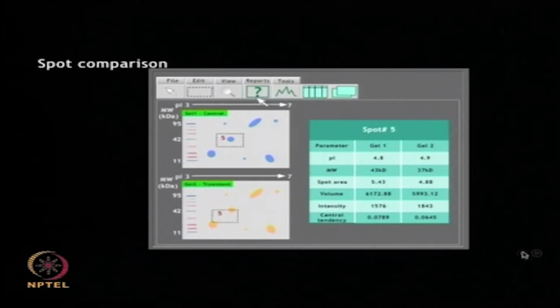For example, as you saw in the animation, on the left hand side you first loaded the molecular weight marker, and now from that information you can compute the information for the unknown protein to calculate its molecular weight and isoelectric point. These parameters, in addition to the other physical and statistical parameters, can be obtained for each spot.